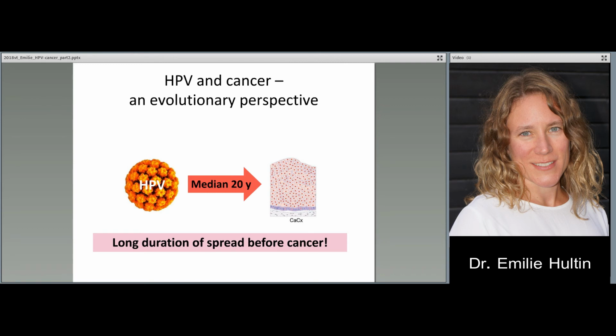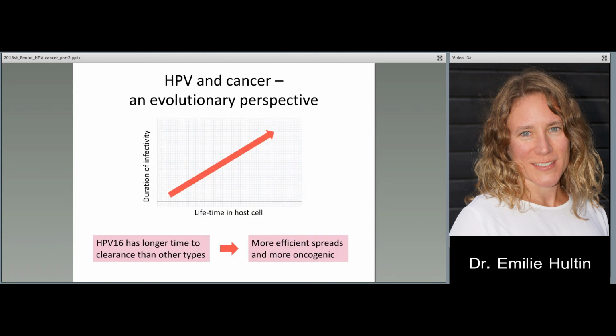The median time is 20 years from the initial HPV infection until the cancer has developed. So during these 20 years, the virus has a very long duration of spread before the cells have turned into cancer and the virus cannot spread anymore.